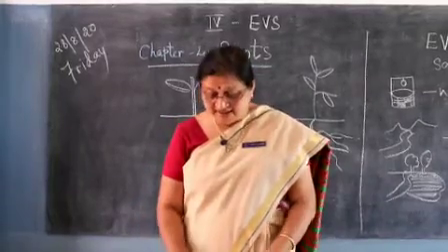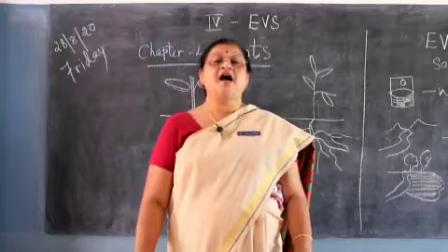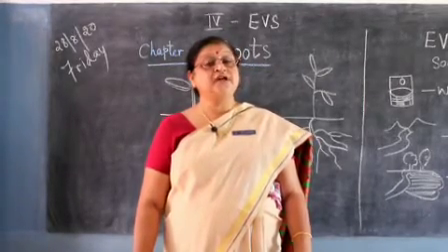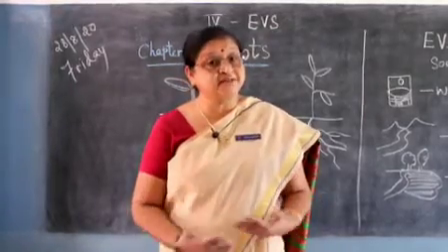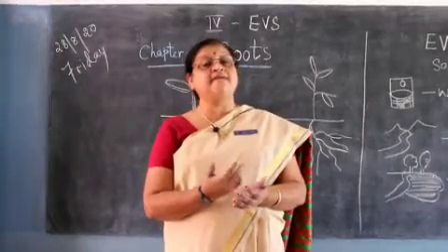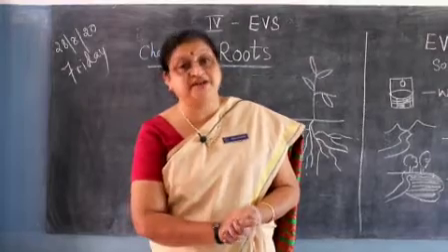So today, children, this is the root lesson, and some of the roots are used as medicines also. It is very useful. Some roots are used as vegetables, like tapioca and beetroot.